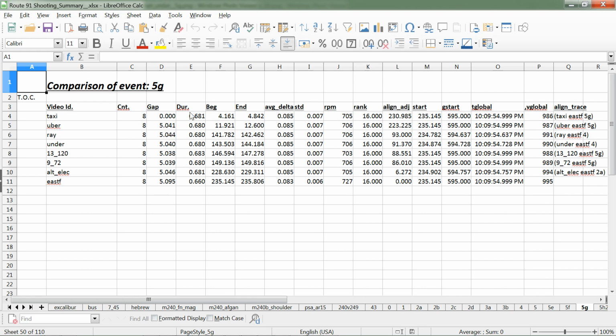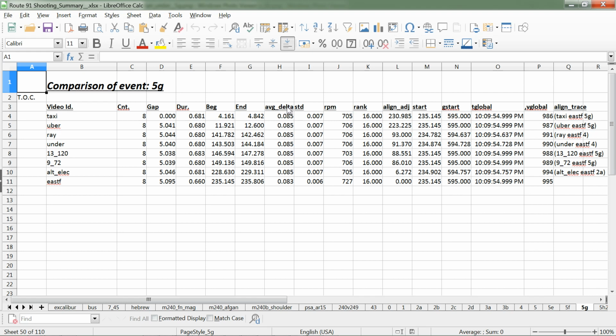We can look at the durations. The gap is not really important in this case. And we see that the duration of that volley is 0.68 plus, but once again, that E-Steph thing, which we've seen before, has got a problem, and so I'll mark that for further exploration. But the other ones all agree that it's about 0.68 and a few milliseconds.